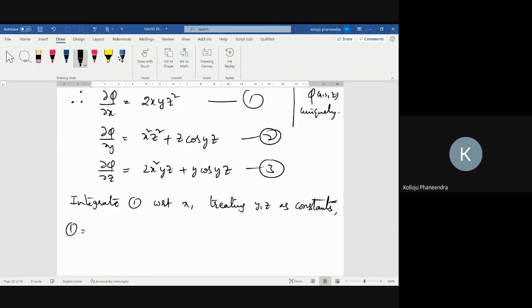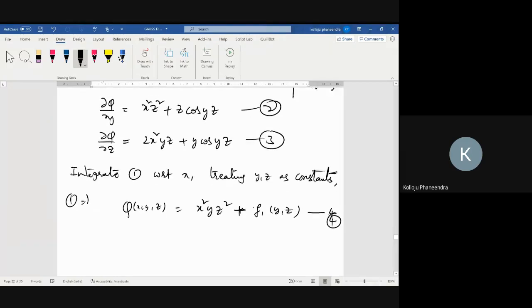Then 1 implies φ(x,y,z), since ∂φ/∂x integration becomes φ. With respect to x, we get x²yz², x² by 2 plus I have to write a constant. I will write this constant as a function of yz, since y and z are constants.